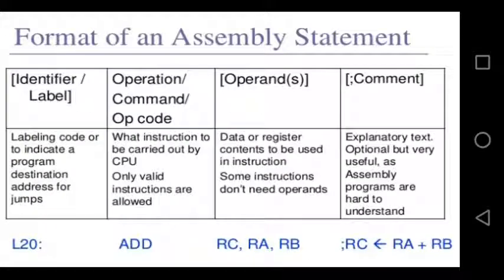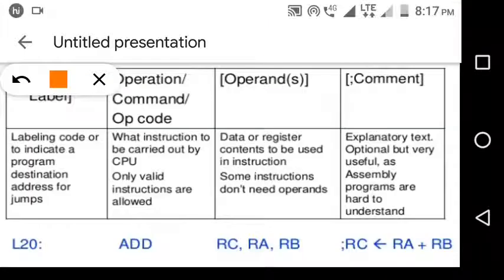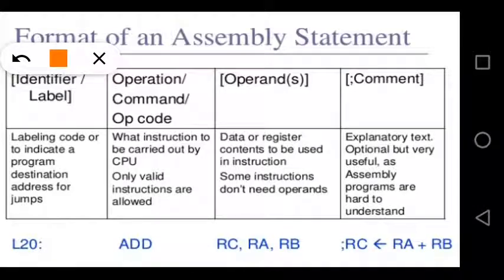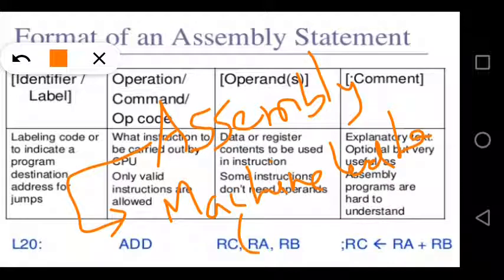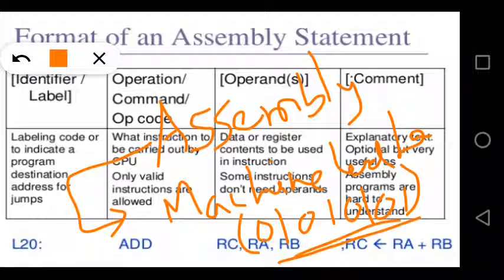Next we see the format of an assembly statement. Just remember, assembly is just above machine level language. Machine level language means 0101. This is the instruction format which the user can't understand. So assembly language instructions use some codes.